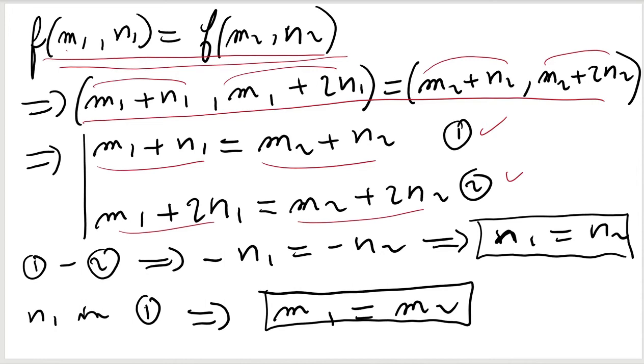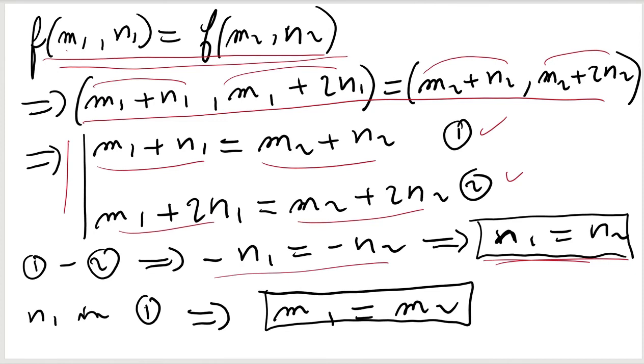And now we're trying to solve this system for m1 and n1. Basically, I'm going to subtract the top from the bottom. So I subtract 1 minus 2, I get this expression, and I can simplify, it gives me this.